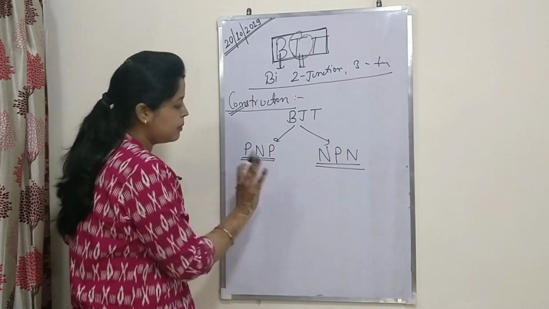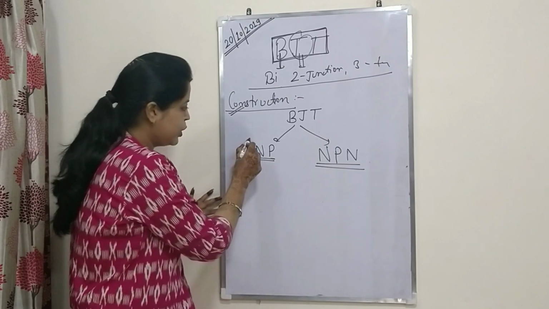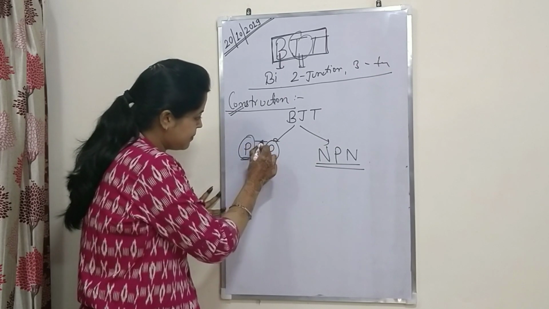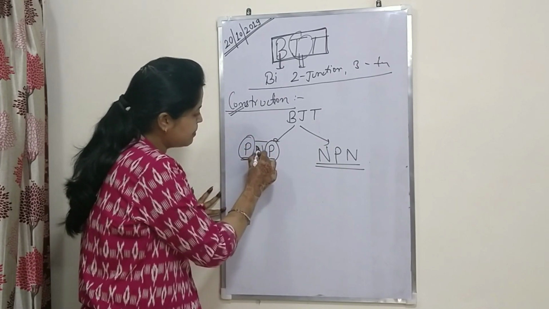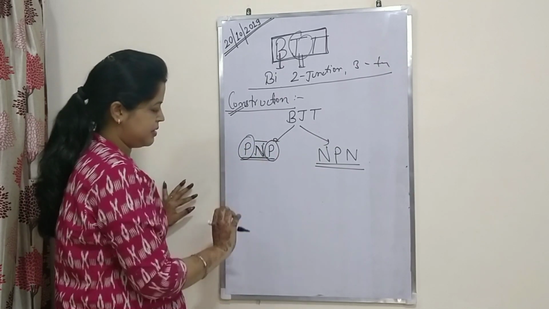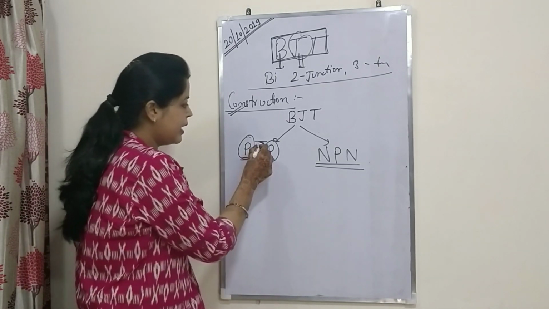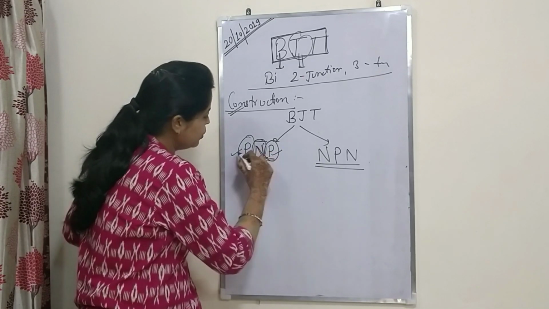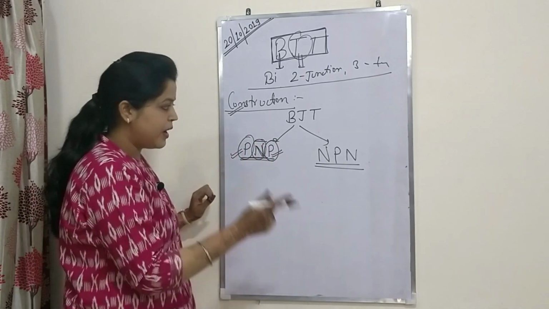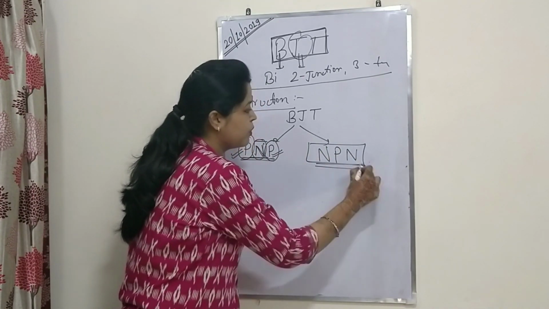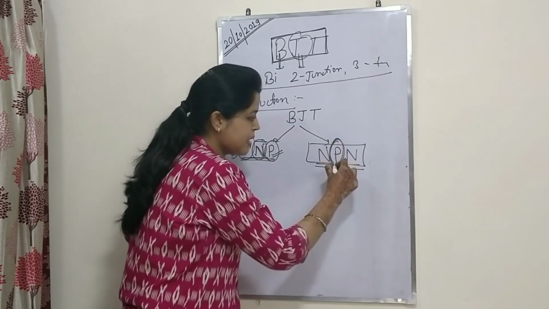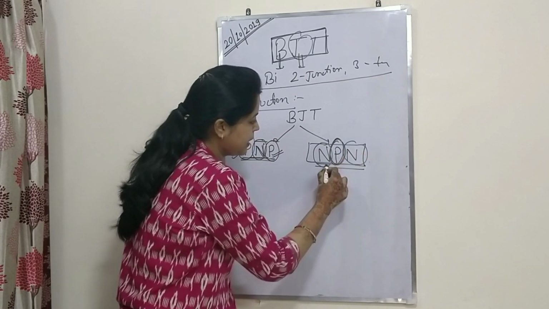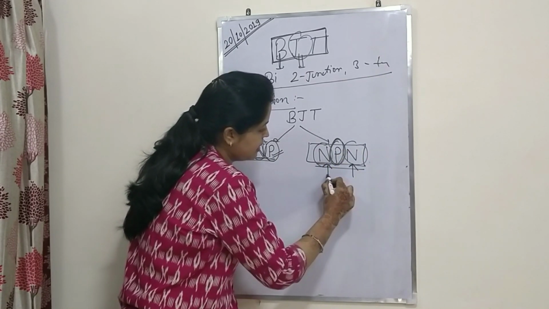Now the PNP transistor, in which an n type extrinsic semiconductor is sandwiched between two p type semiconductors, while in NPN one p type extrinsic semiconductor is sandwiched between these two n type extrinsic semiconductors.